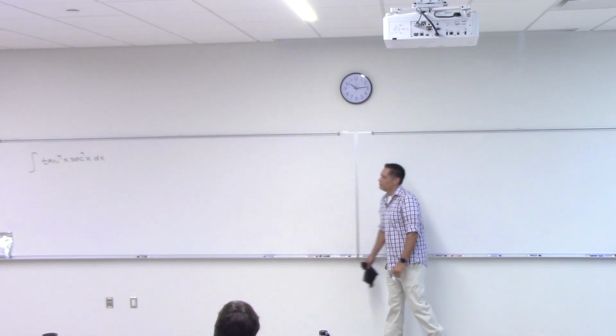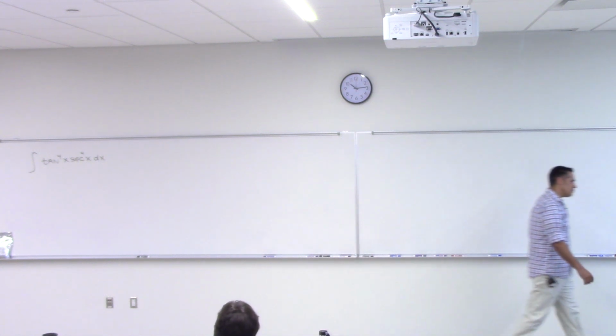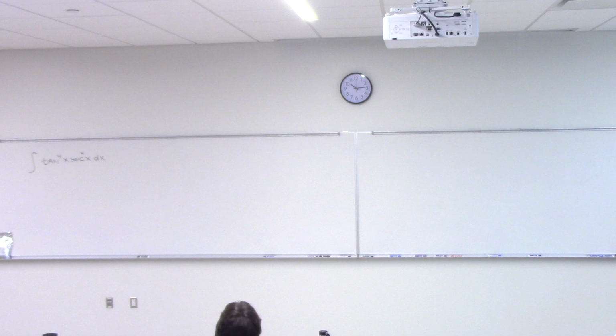So what do we do here? Well, let's look at the steps. If you have tangent to the mth power, you see the m up there, and secant to the n power with n being even. Do we have that? Yes, okay, so we're going to follow this first step.